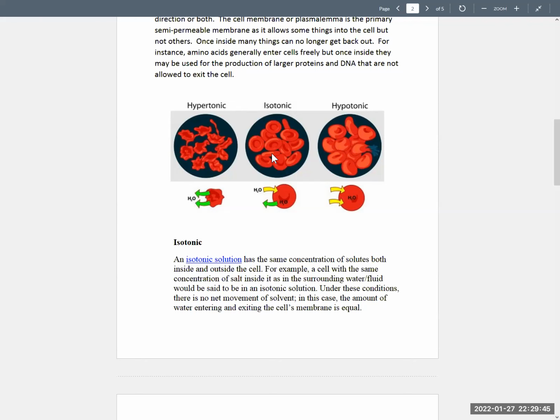And the concentration of solids inside and outside is the same. The concentration of water inside and outside is the same. Which should we be talking about? The concentration of solids or the concentration of water? Doesn't make a bit of difference. If one is high, the other is low. If they're equal, they're equal.